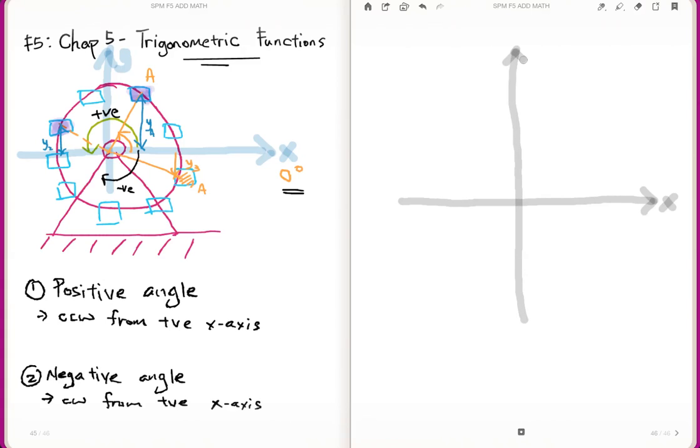This is positive y. I know you have learned it already. Let's do it again from another perspective. Maybe I can give you some insight. Now if you want to draw a circle, I'll try my best to get a round circle, but I know it's not symmetrical. It's supposed to be symmetrical.